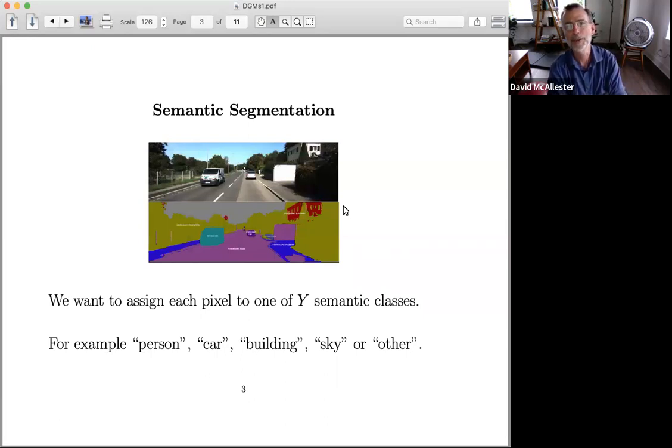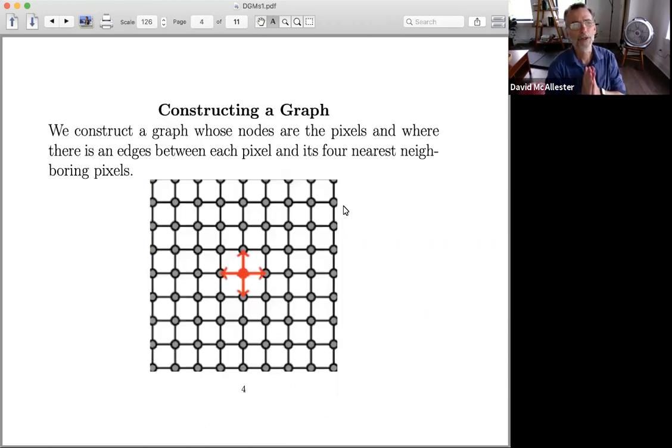We want to assign each pixel one of some number of semantic classes, for example, person, car, building, sky, or maybe other, a catch-all. What was often done is to construct a graph on the pixels where each pixel is connected to its four neighbors in the graph.